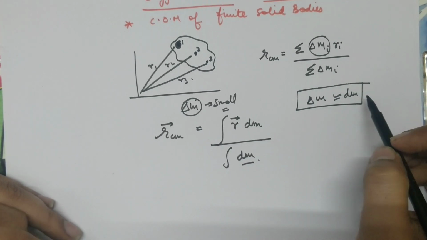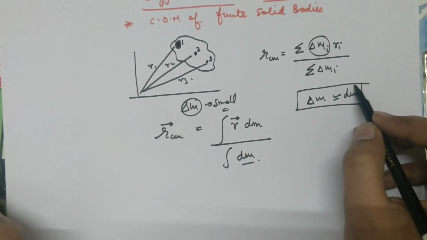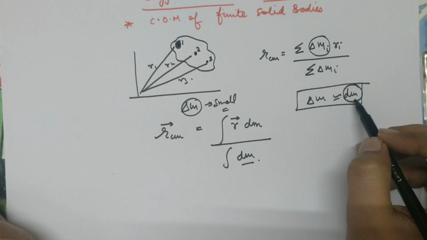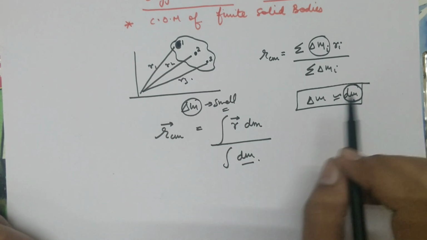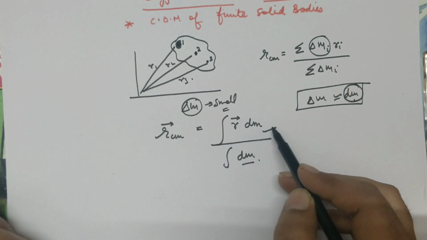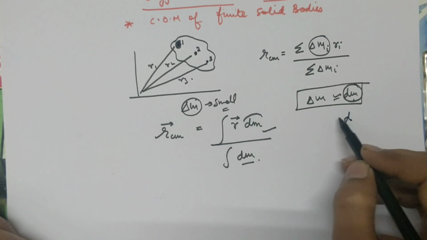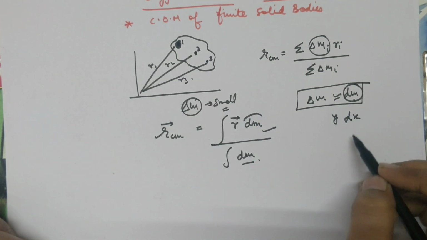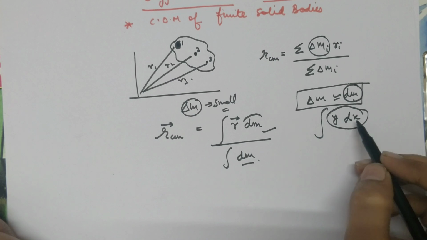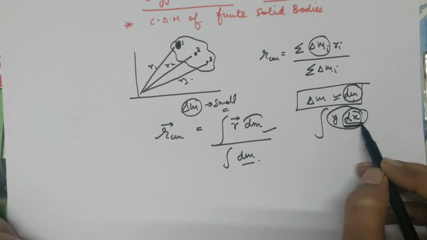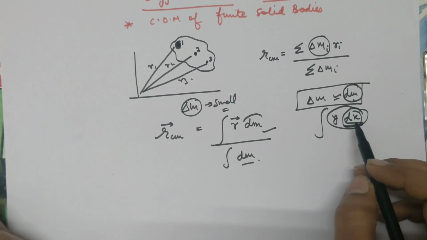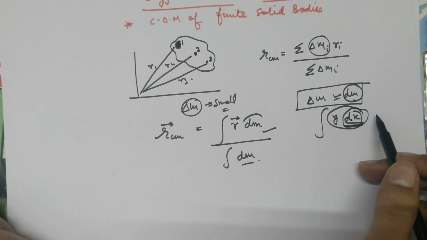But if you want to use integration, you have to use the differential portion. Then only you can apply the integration, just like y dx. If you integrate it, you can find the area under the curve.